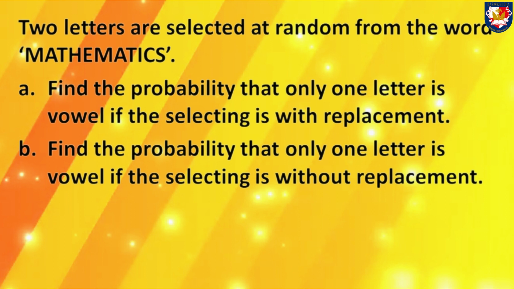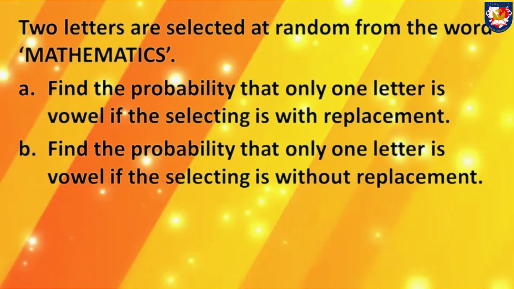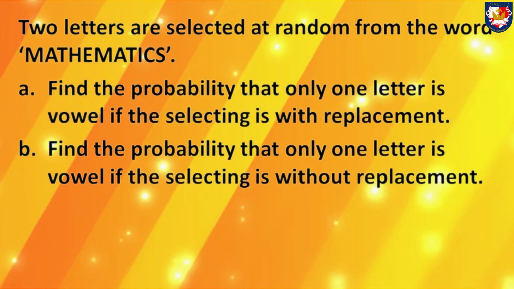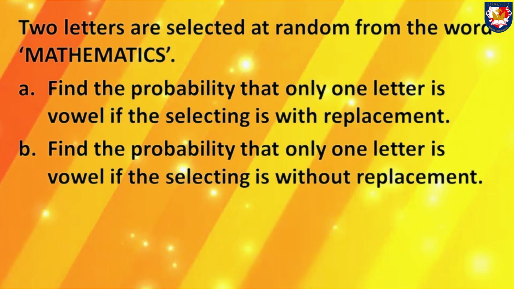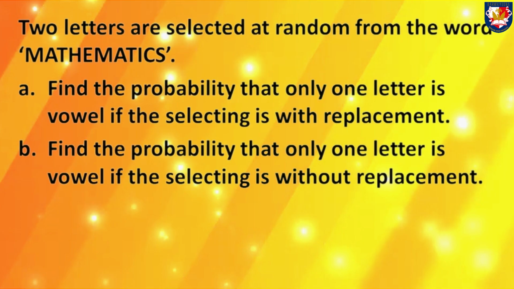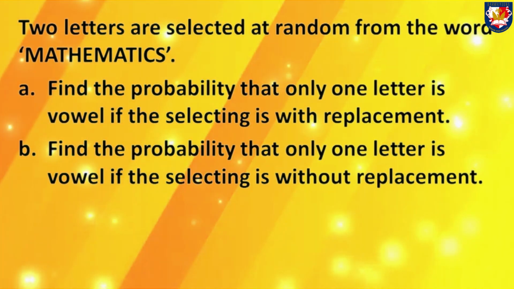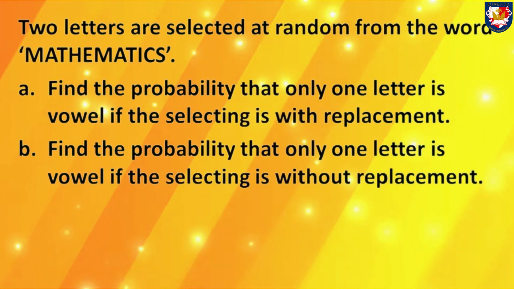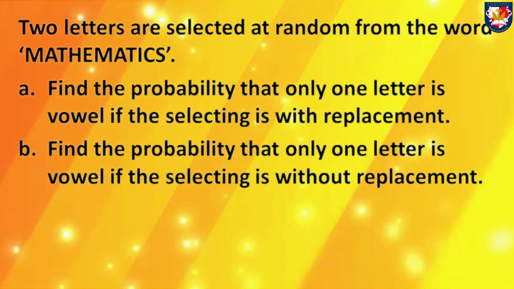Next example. Two letters are selected at random from the word mathematics. A: Find the probability that only one letter is a vowel if the selecting is with replacement, and B: Find the probability that only one letter is a vowel if the selecting is without replacement.